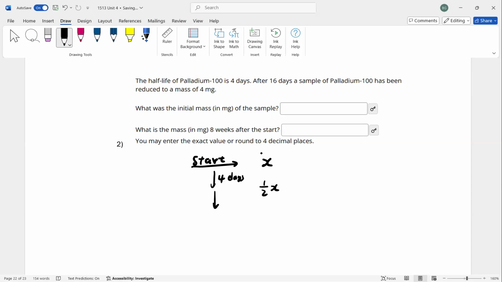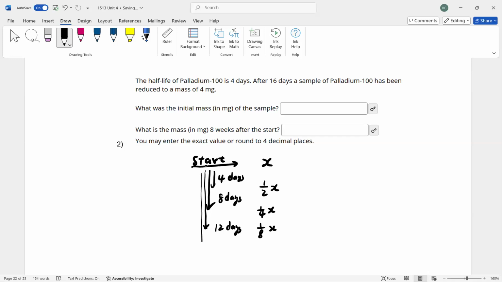After another 4 days, that is after 8 days, it's going to be a quarter of x, right? And after another 4 days, now it's 12 days, it is divided by 2 again, so 1/8 x.